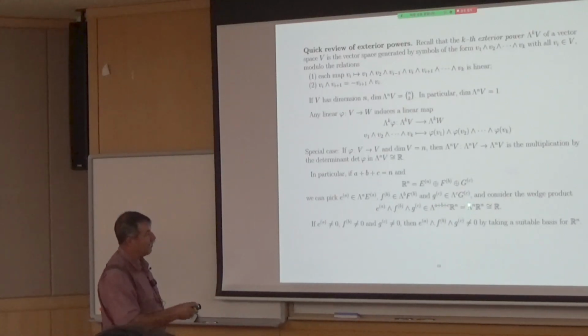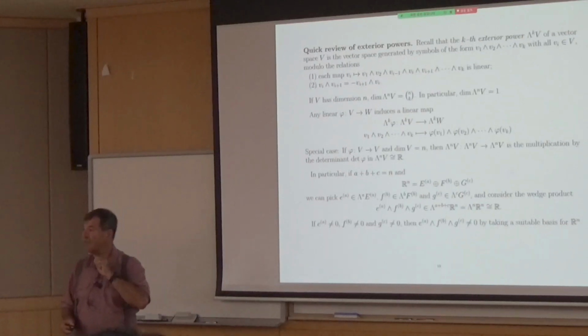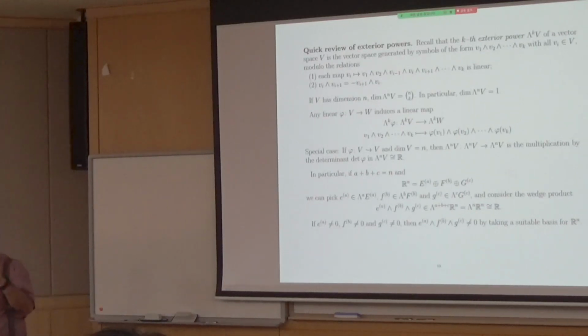So it's an element of the nth exterior power of Rn. And I told you this is a space of dimension 1. And so it's a number, essentially, in practice.